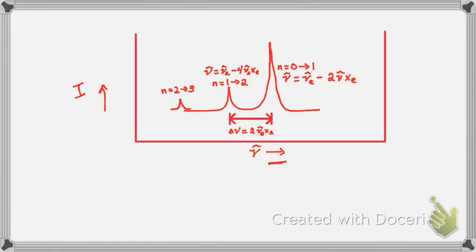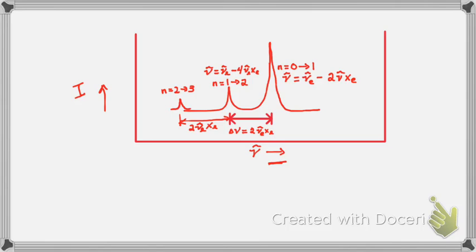We would note the same thing, that the spacing between the 2 to 3 and the 1 to 2 would also be equal to 2 nu e xe. So that spacing is important, because that spacing is going to allow us to calculate the anharmonicity constant xe.